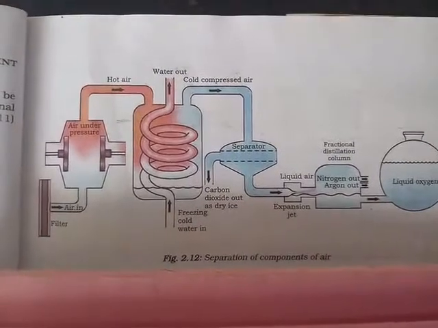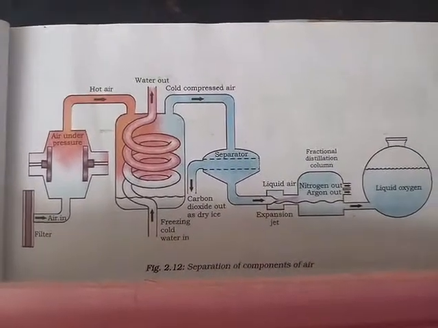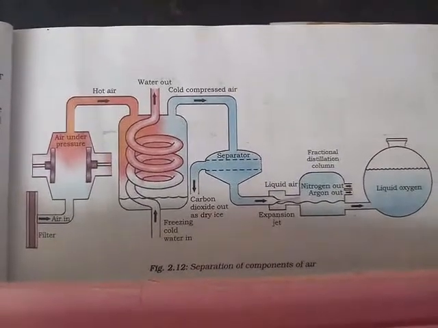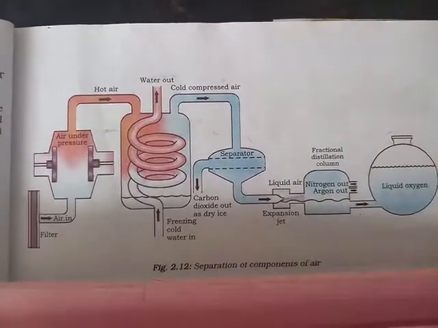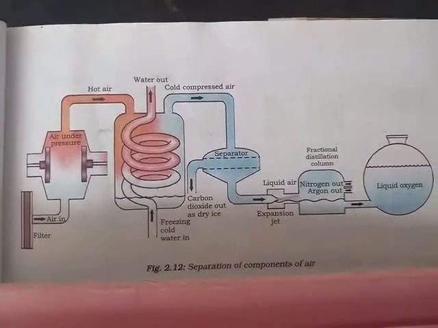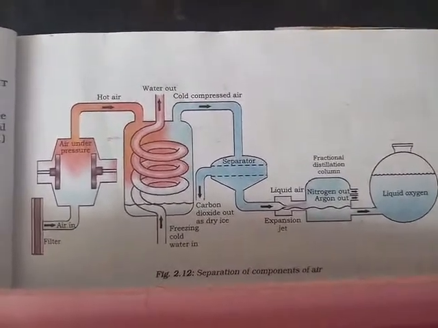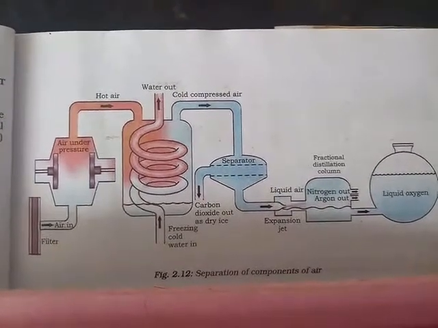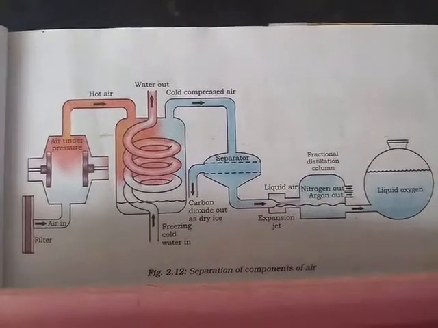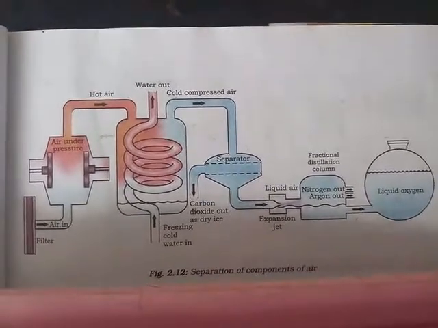Oxygen has a high boiling point, is left behind and is collected separately. Like this we separate the mixed gases from the air mixture by using fractional distillation. First we separate carbon dioxide as solid dry ice, then nitrogen, argon and then oxygen.